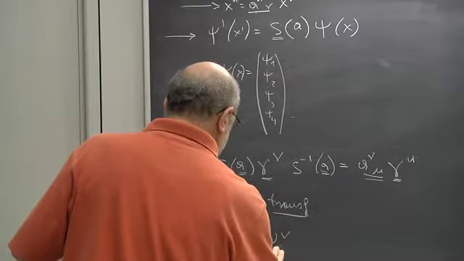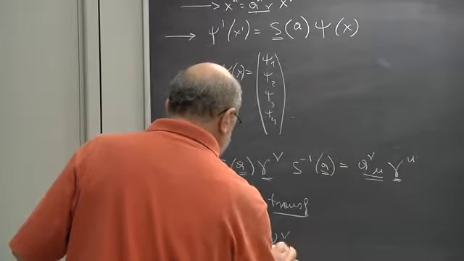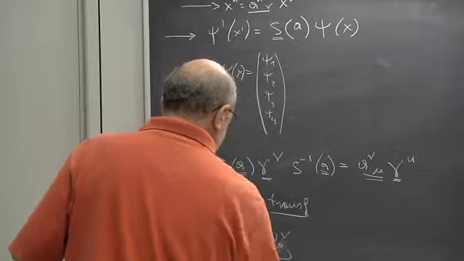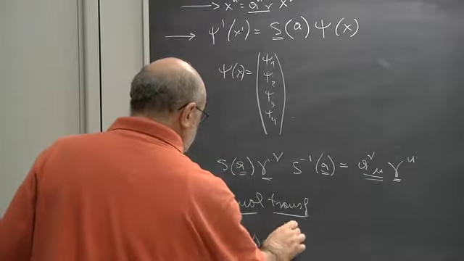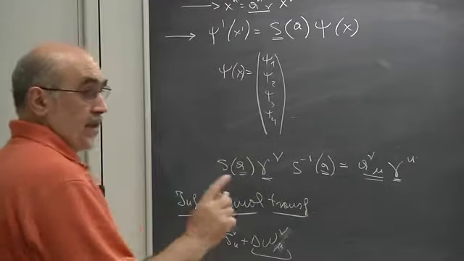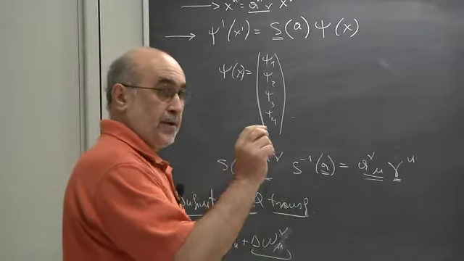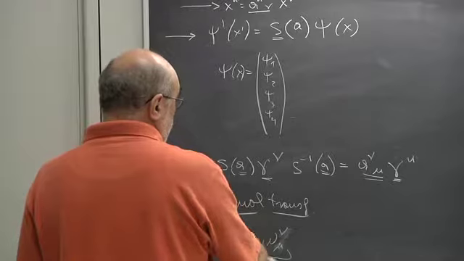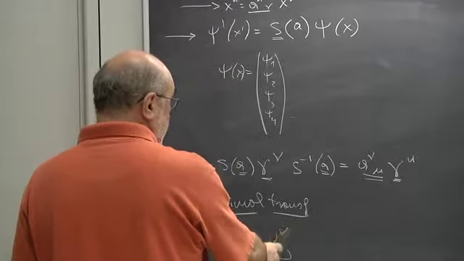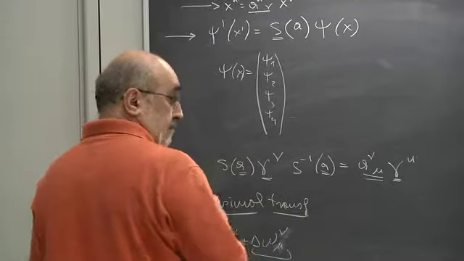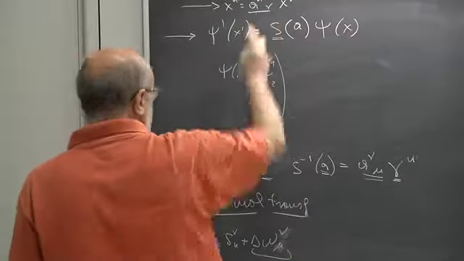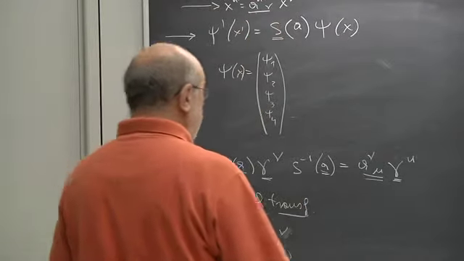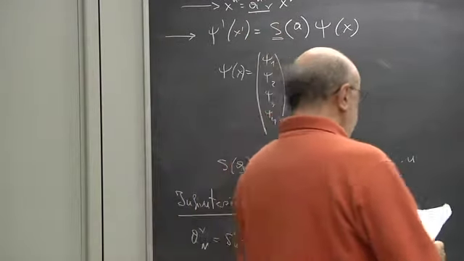So this is some unknown small quantity that depends on the parameter of the theory, and this is the identity. As it is an infinitesimal transformation, it will be the identity plus something. So this is the object, okay? And you see these mu and nu are matrix indices at this level, and at this level they are matrix elements.